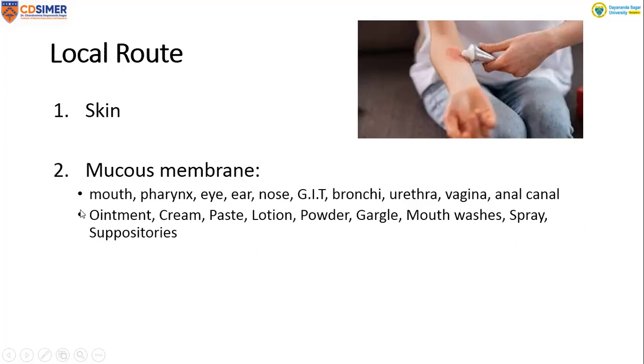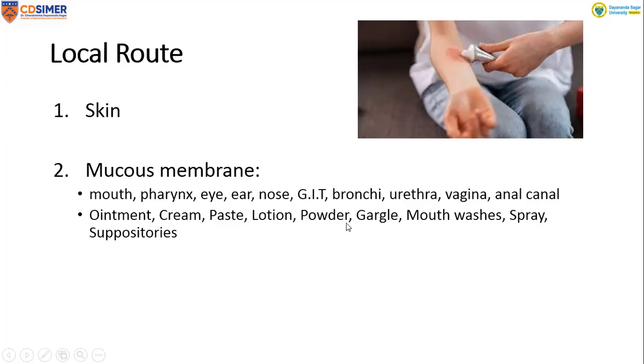Then, just to highlight the different kinds of formulations available, you can see here ointment specially applied for the skin, cream again applied for skin, and then paste applied for the mouth, like you can use for cleaning the teeth. Pastes are available, and skin also we can apply. Lotions, again applied for treating many parasitic infections locally over the head.